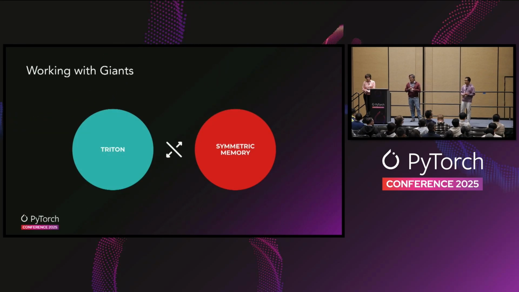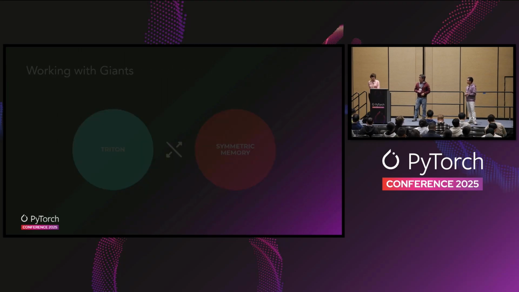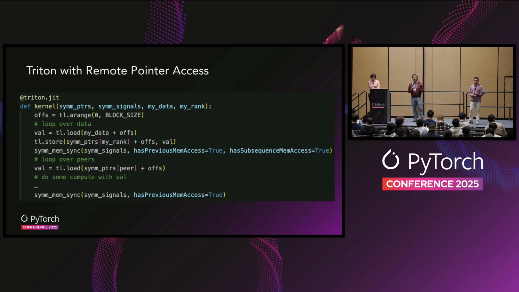Triton is a very popular Python DSL developed by OpenAI for writing GPU kernels, or kernels for other backends. So can you use Triton with symmetric memory? Sure, you can. This slide shows a communication skeleton written in Triton. The inputs to this Triton kernel are symmetric memory buffers, a signal pad, and also local data.